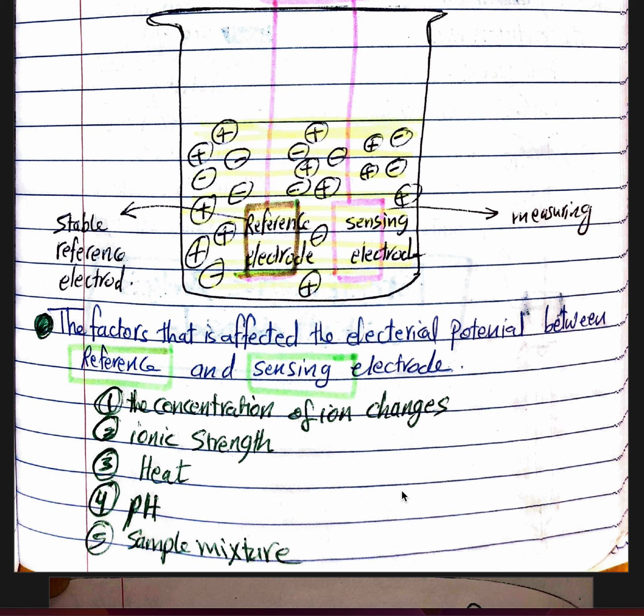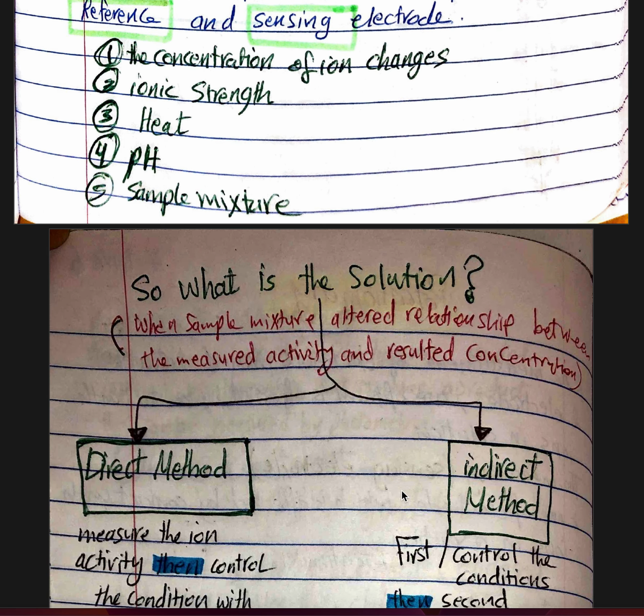So we have the reference electrode, the sensing or measuring electrode, and multiple factors affecting the potential between these two electrodes.